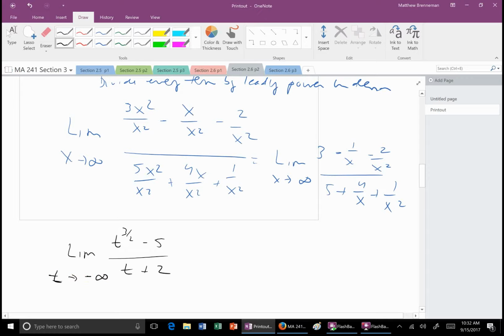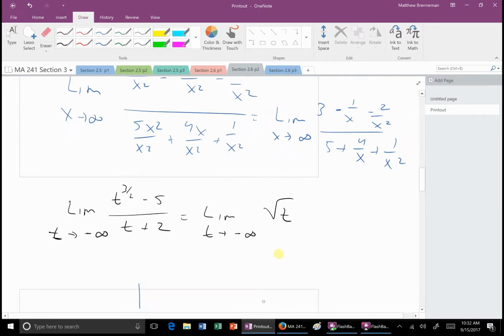I've got to be careful with this, right? Because this does not exist. If I try this, I'm going to end up with the square root of t. That doesn't exist. So we've got to be careful when there are roots involved.